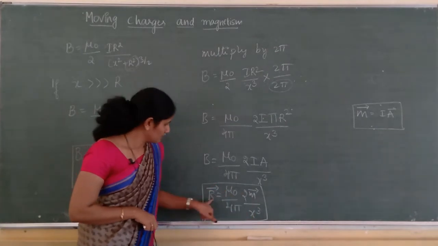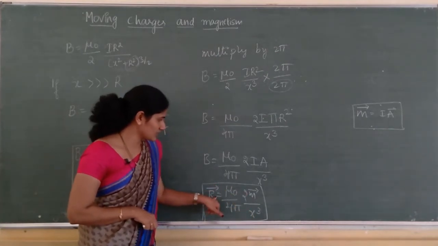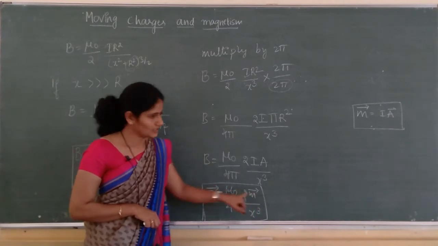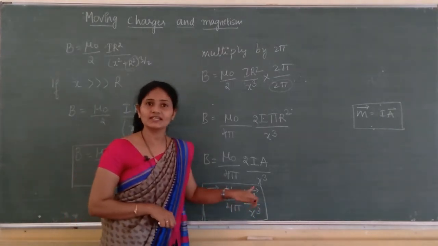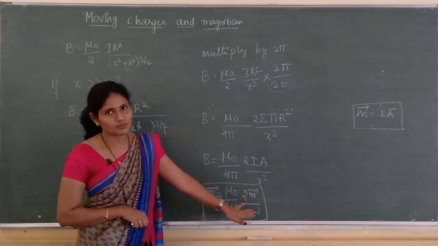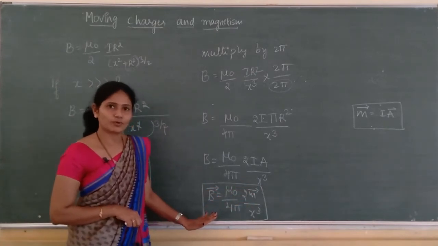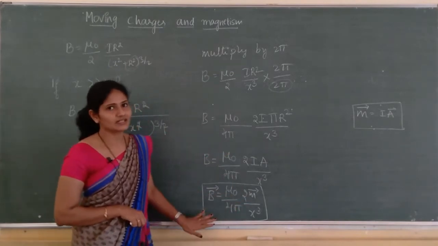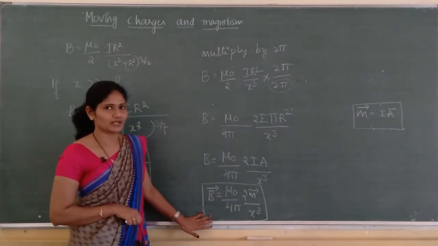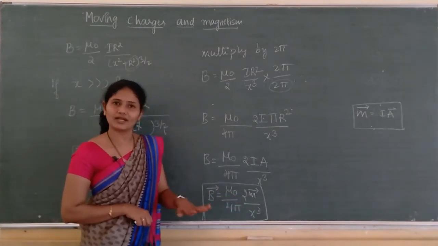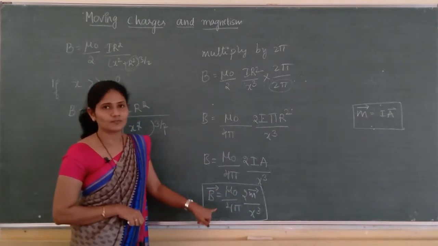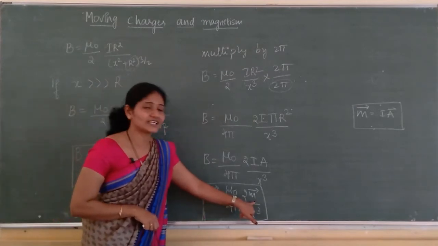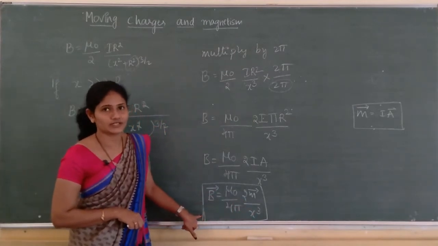B is a vector quantity, magnetic moment M is also a vector quantity, and they both lie in the same direction. M is perpendicular to the plane, B is also perpendicular to the plane. If magnetic moment is into the plane, then magnetic field is also into the plane. If magnetic moment is out of the plane, then magnetic field is also out of the plane. So, this is the relation between magnetic moment and magnetic field.